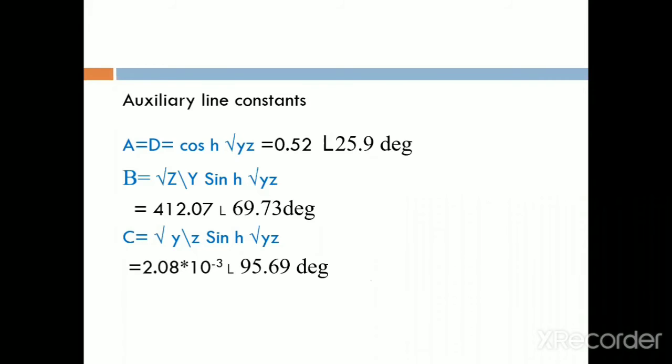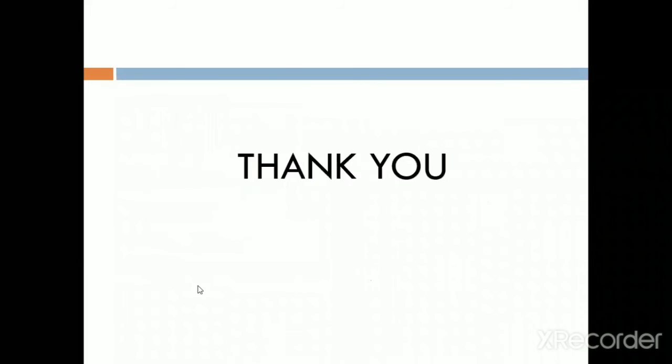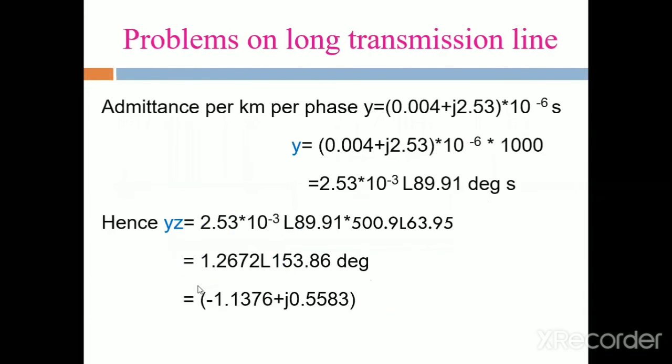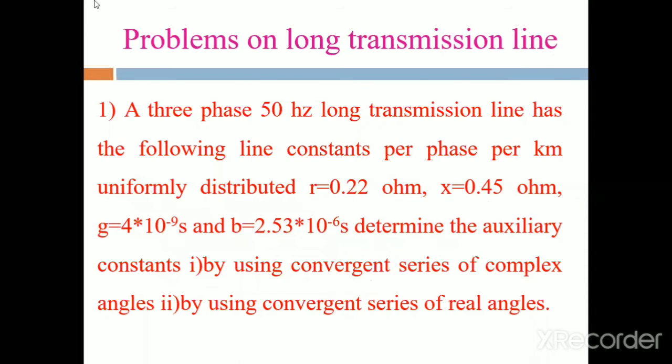Okay, this is the solution for the given problem. By using the convergence series, we determine the complex angles. That means by using the convergence equations, we determine the A, B, C, D formulas.